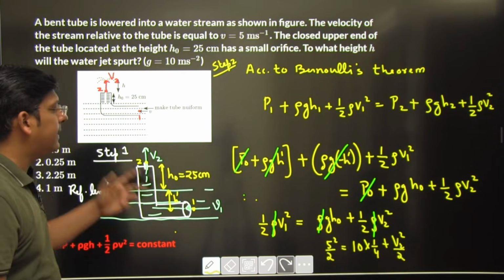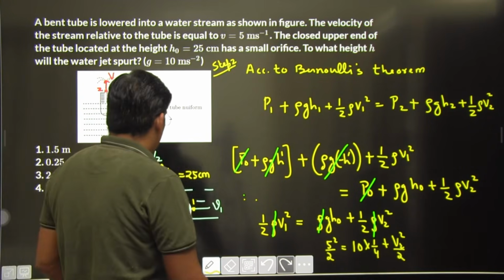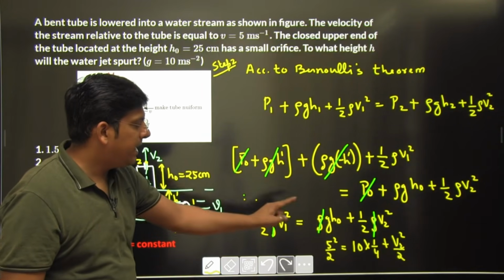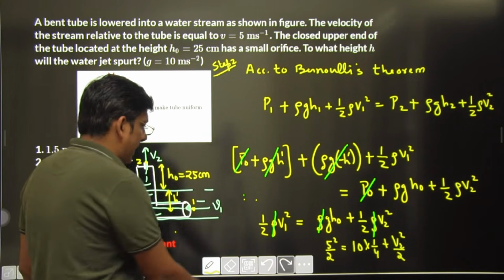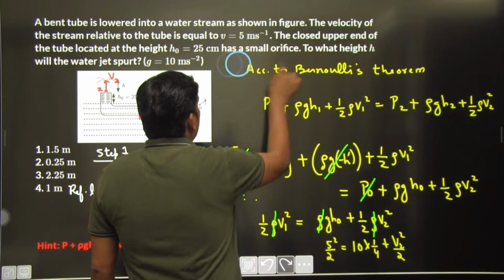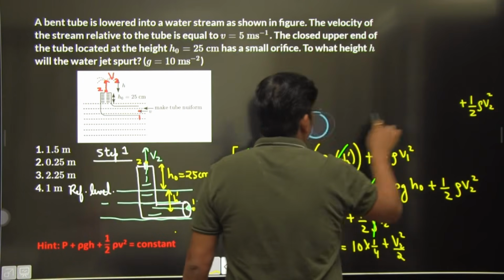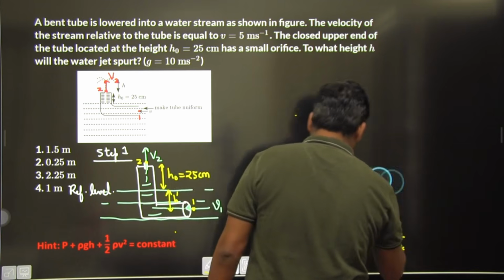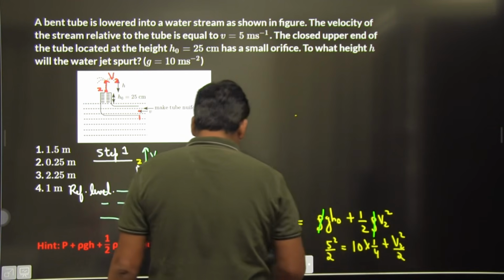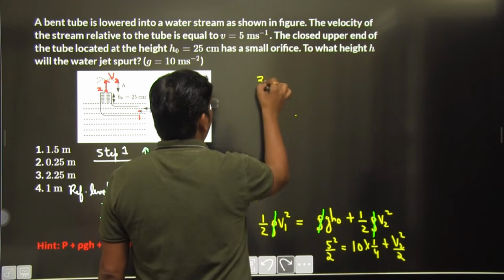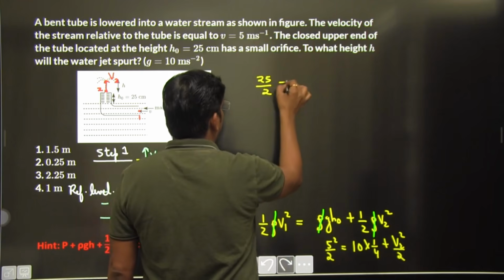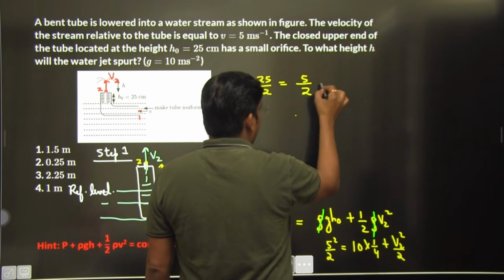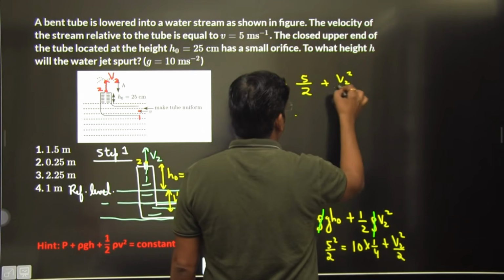We need the diagram. Let us check: v1 was 5, v1 square by 2 is equal to g into h naught plus v2 square by 2. Now this becomes 25 by 2 is equal to 5 by 2 plus v2 square by 2.